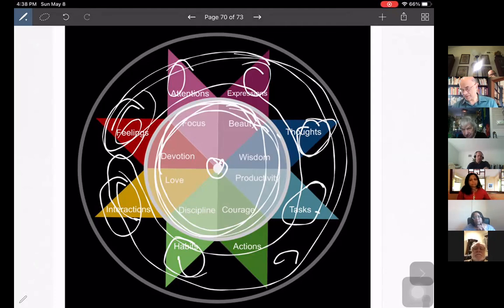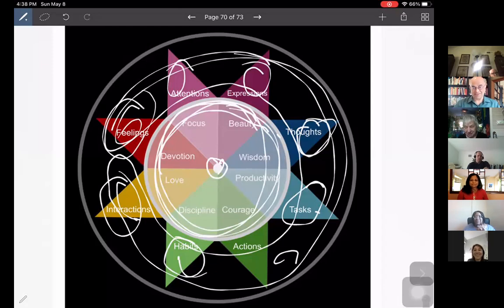Jeng, what do you think? Yeah, what you talk about really reminds me of this circle. The inside is who we truly are, our core, and the outside circle is how we interact with society and who we are from other people's point of view.